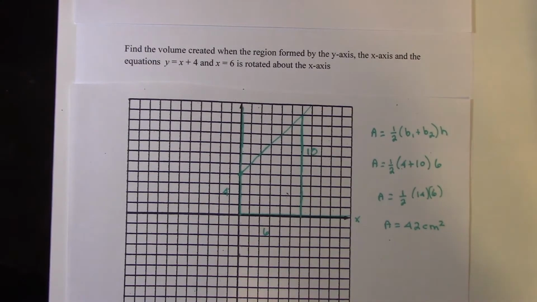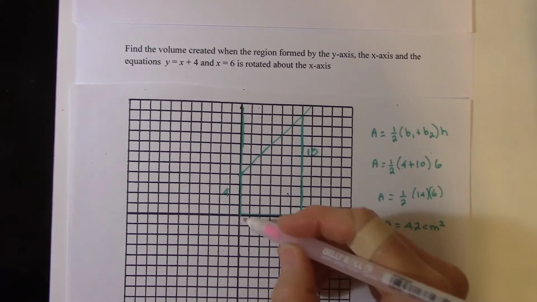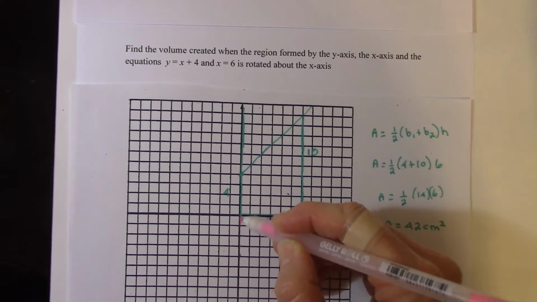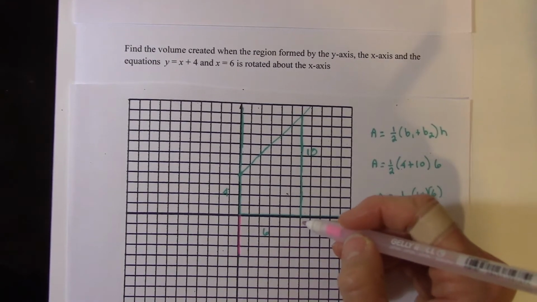Okay, this next problem asks me to find the volume when the region that we just created is rotated about the x-axis. So we have this region, and now we're going to bring it around, rotate it around the x-axis.